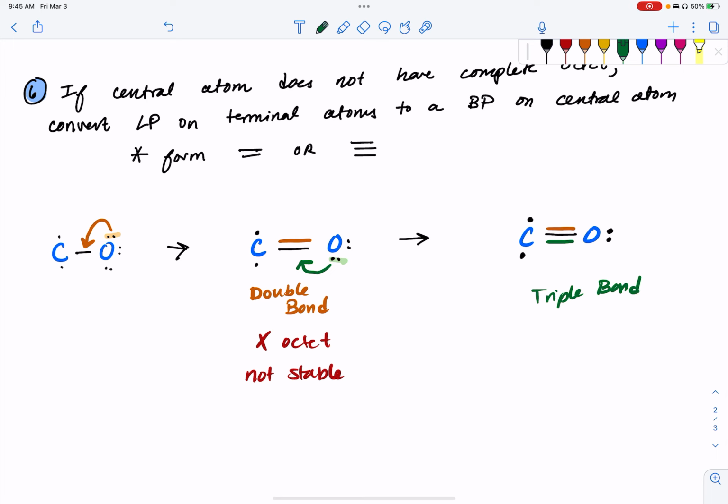We are just changing what those electrons are doing, whether they're bonding or not. Now let's check our carbon. So we have 2, 4, 6 total shared electrons with the oxygen from our 3 bonding pairs. Our triple bond, 2, 4, 6, 7, 8. So now we have finally achieved our octet for carbon.